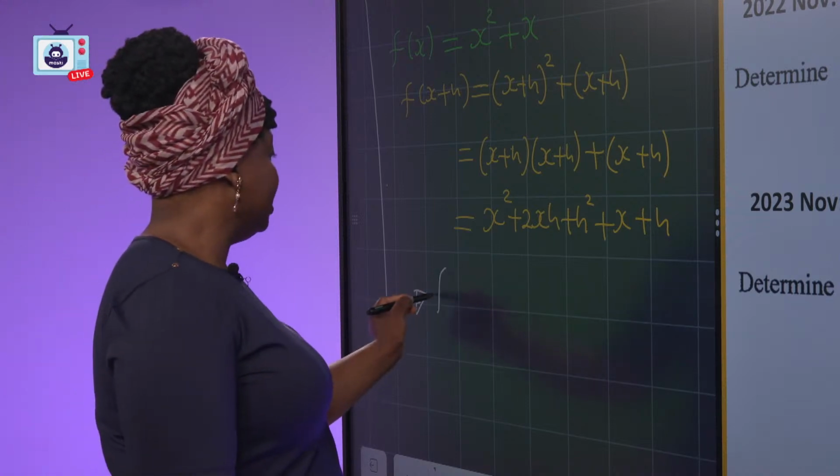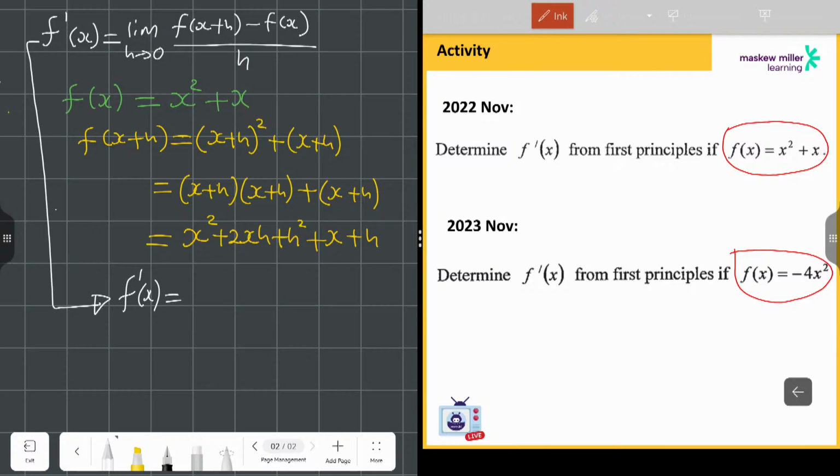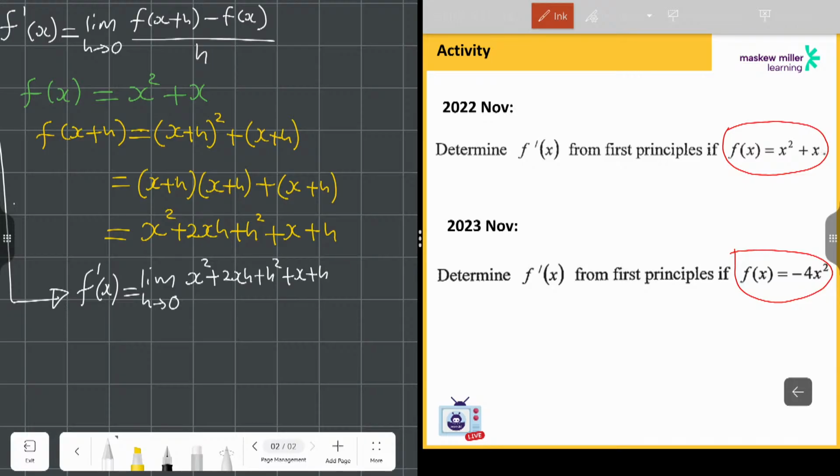So the first derivative of f(x) will be equal to the limit as h approaches 0, and then we substitute. We said we have x squared plus 2xh plus h squared plus x plus h. So that is what we have. And then for f of x, we're going to say minus.